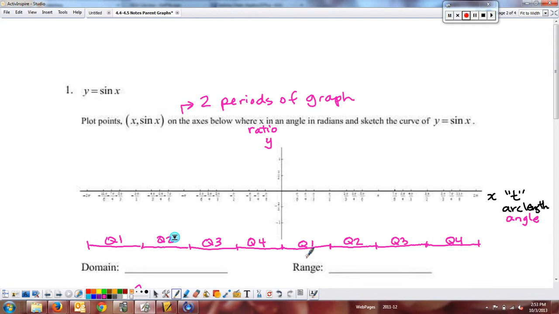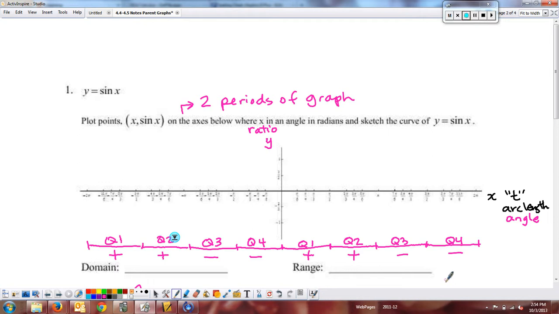I know that sine is positive in quadrants 1 and 2, and negative in 3 and 4. So if we're thinking about the y being positive, remember that this means above the x-axis, and if the y value is negative, it's going to be below the x-axis. So that starts to show a little bit of the pattern that's there.